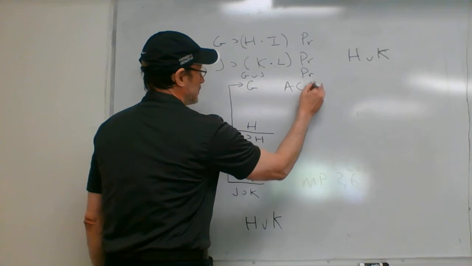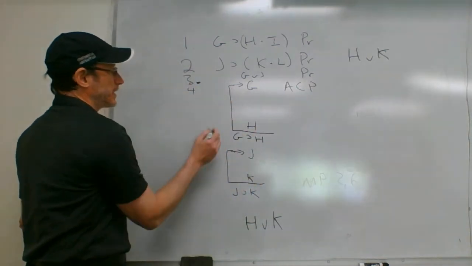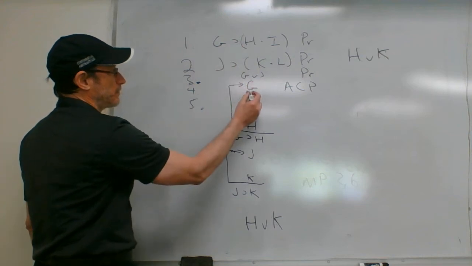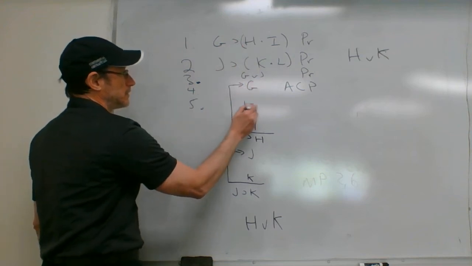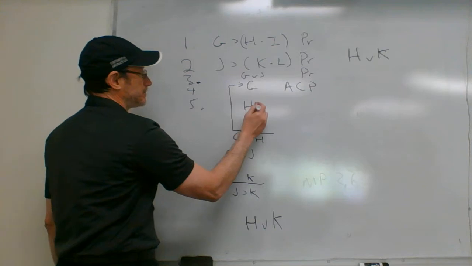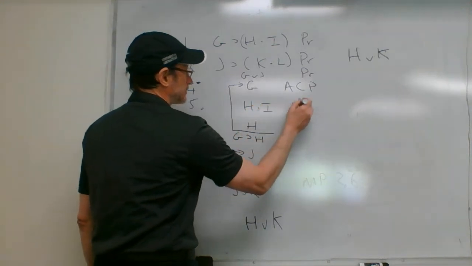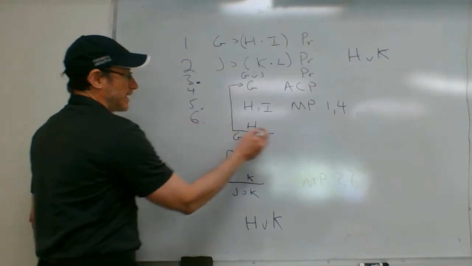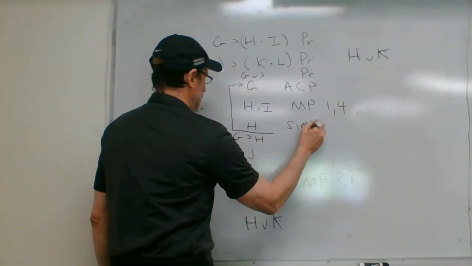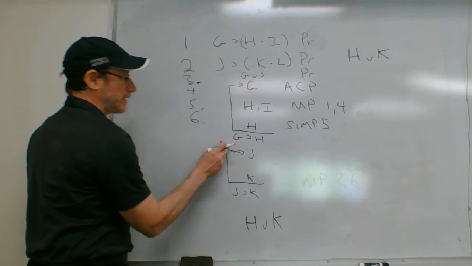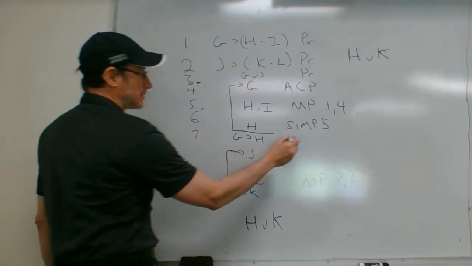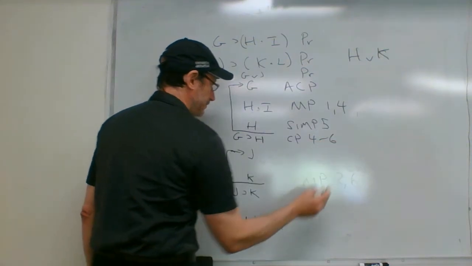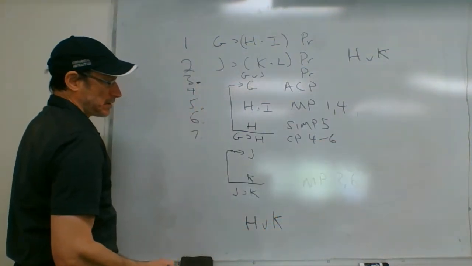this is going to be an assumption for conditional proof. And how do I get H? Pretty easily, because I have modus ponens on 1 and 4. And now I simplify to get H. And this is going to be a CP on 4 through 6.